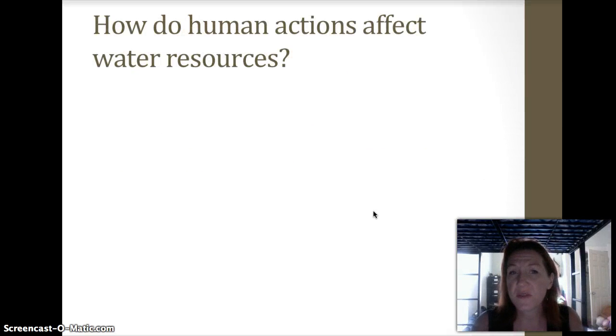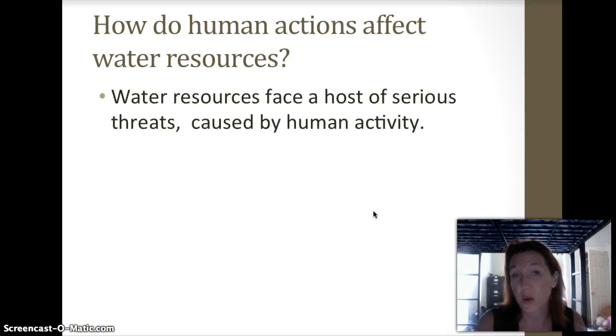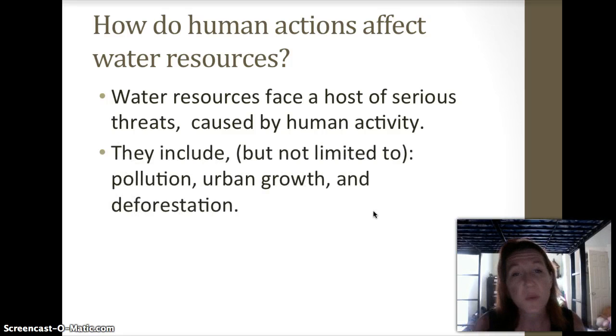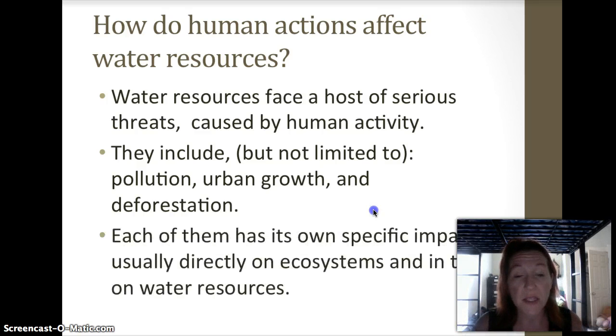So how do humans affect water resources? Well, water resources face a host of serious threats, and most of them are caused by human activity. They include, but are not limited to, pollution, which is contamination of our natural resources, urban growth, and deforestation, which is a process of removing trees in order to be able to build or use it for farmland.